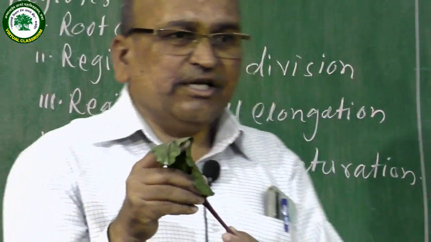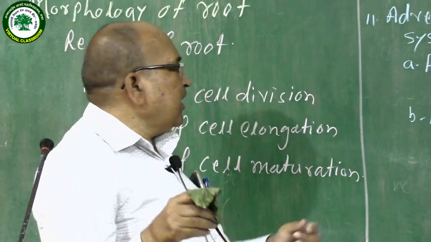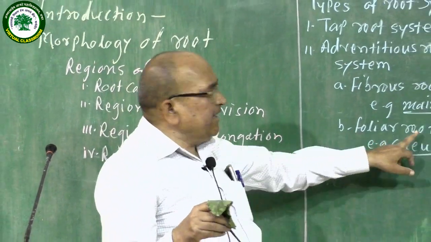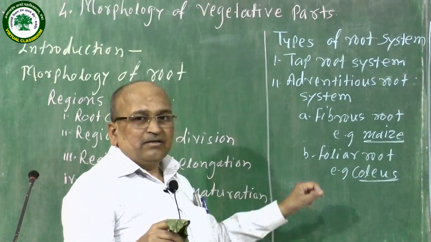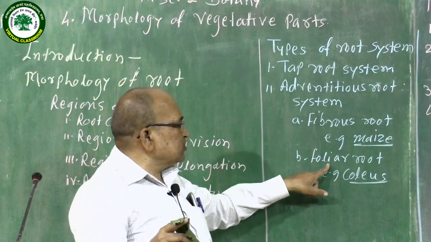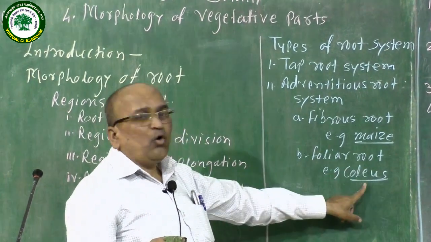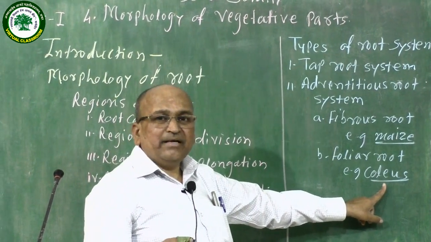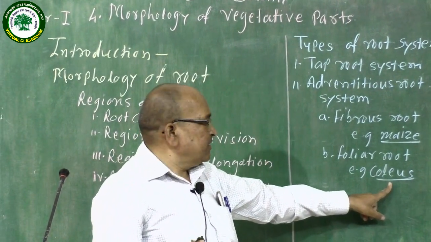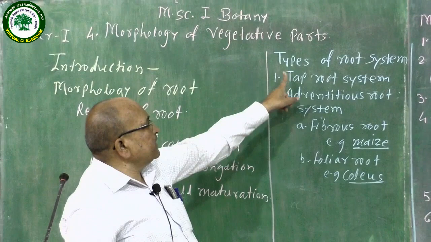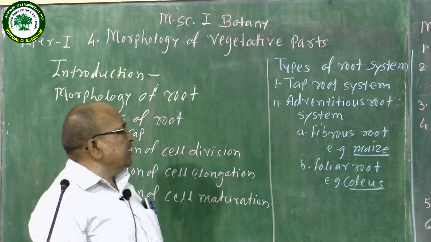These roots are called foliar roots. Example is the coleus. This is about the types of root system.